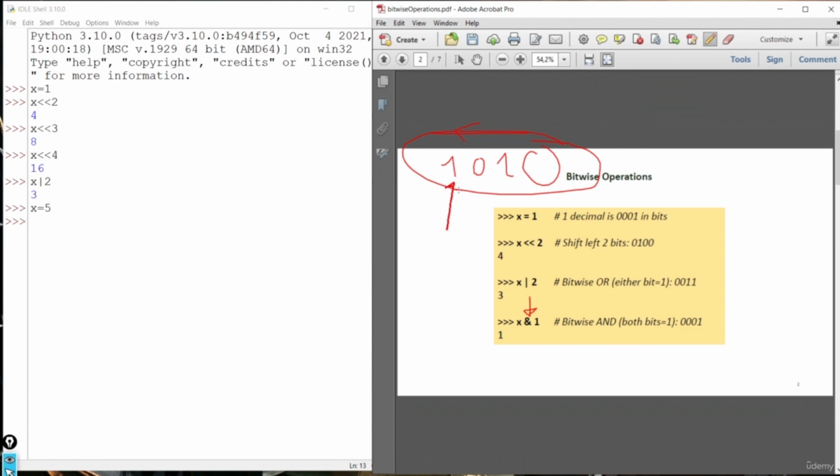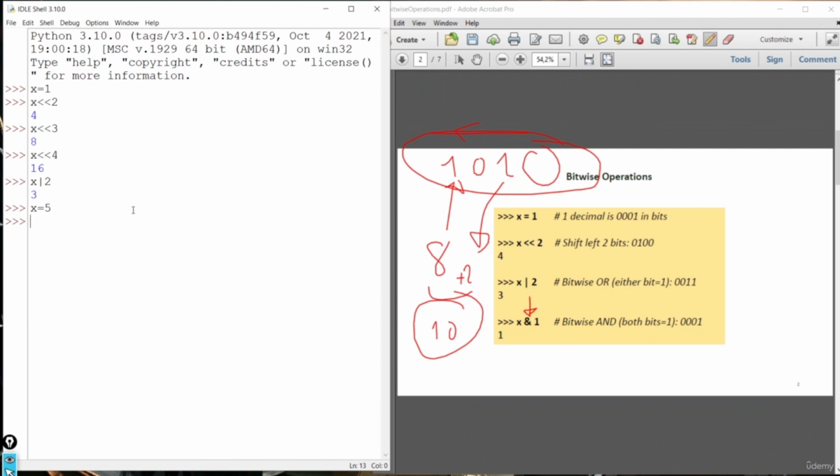From this position we get 0, 1, 2, 3, 8, and from this position we get 2. If we sum these two, we get 10. So let's shift x to the left by 1 position, and the result is 10.